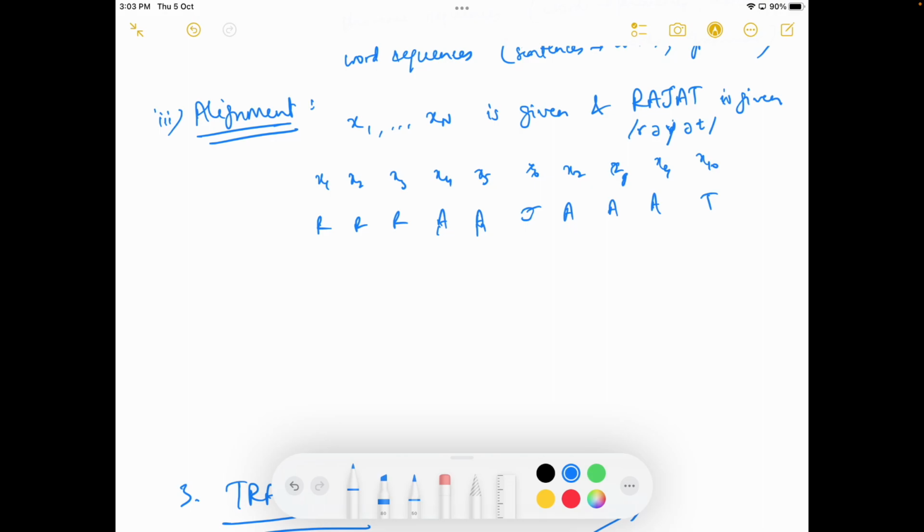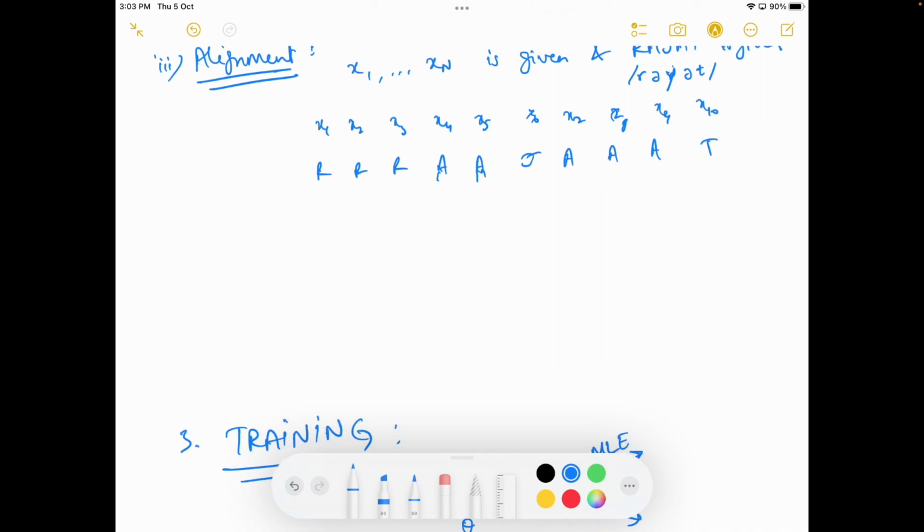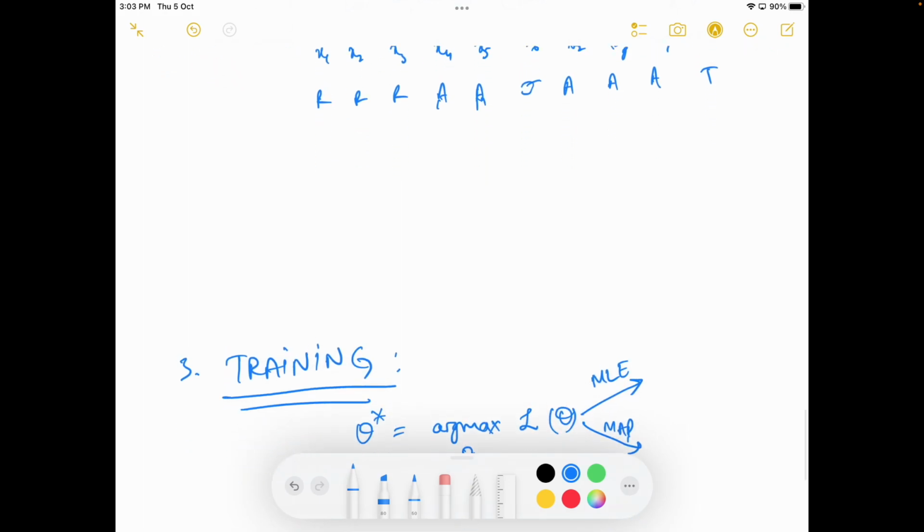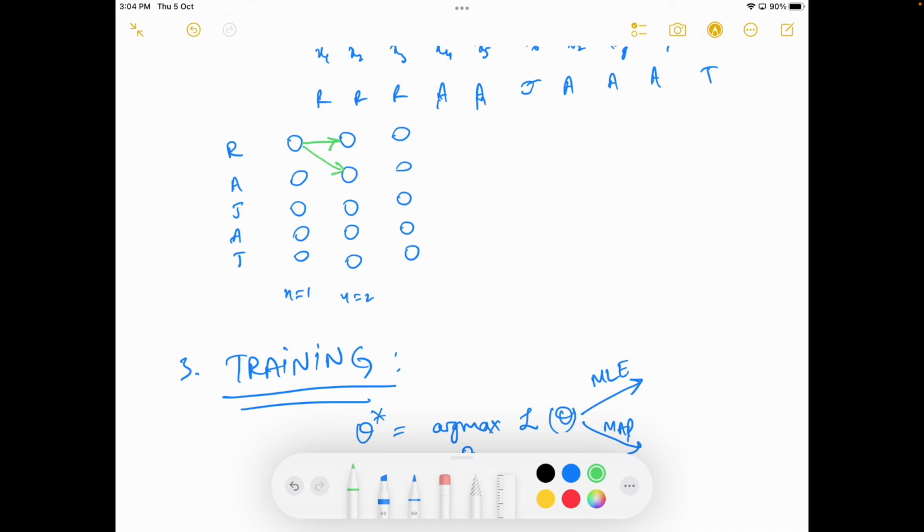Okay, this is the problem, right? How do we solve this problem now? I build a trellis, R, this is n equal to 1, and in this way I keep building. Now I put a constraint that if I'm here, I can only either stay at R or move to A. But I cannot go back to R after going to A once.